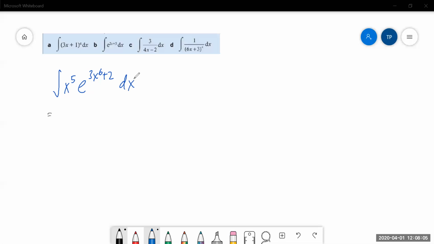So wait, is this 3? What is it? It's 3x to the 6 plus 2, right?